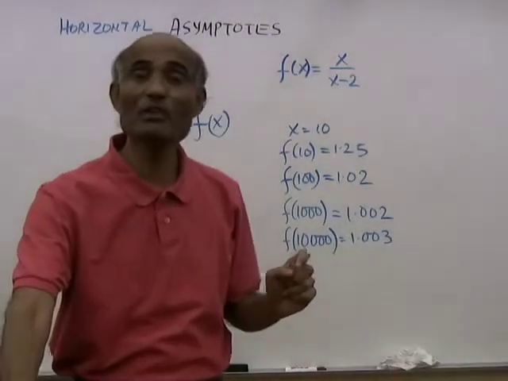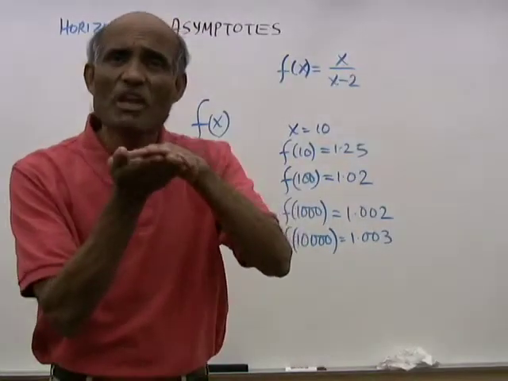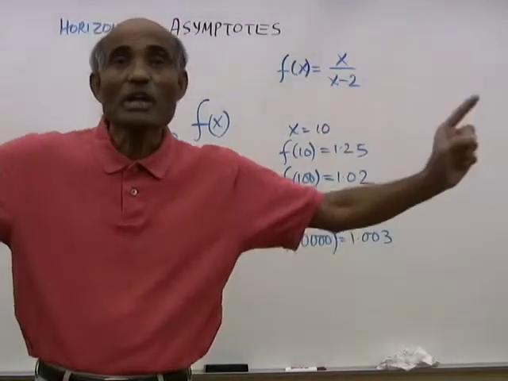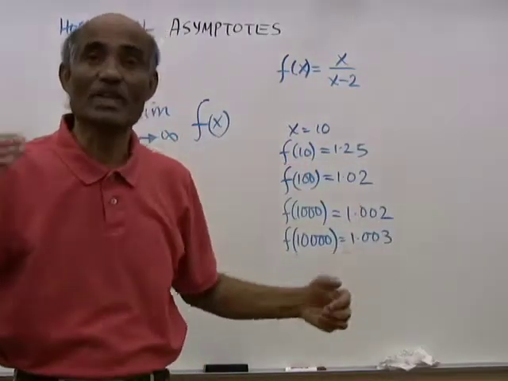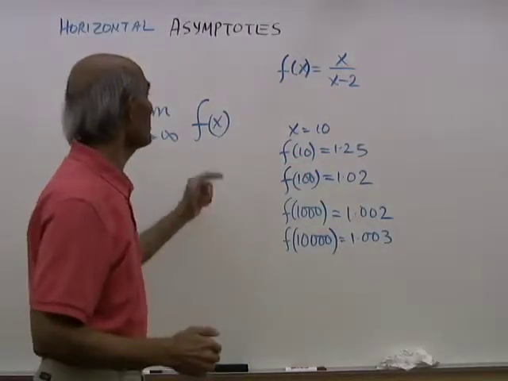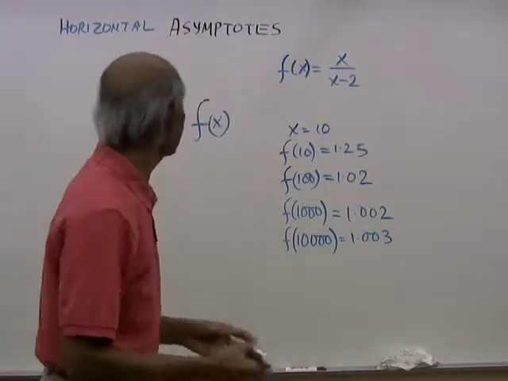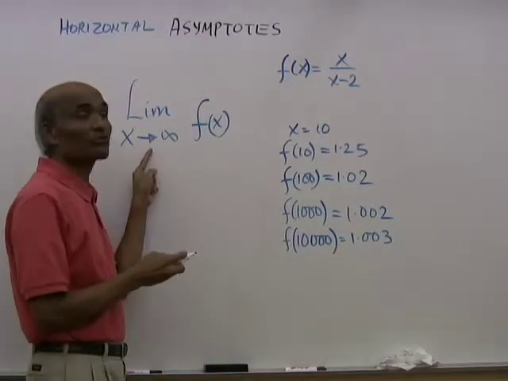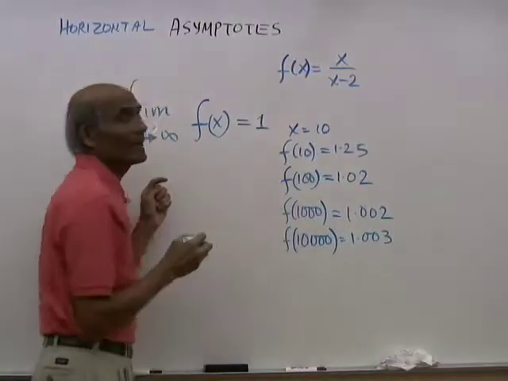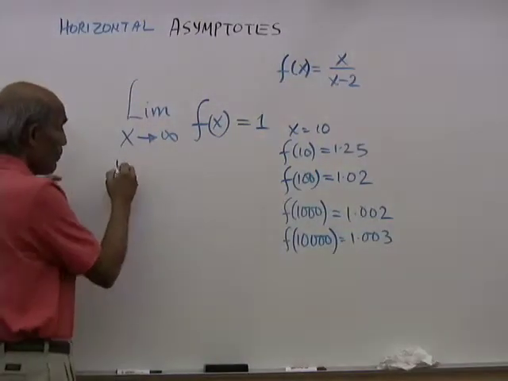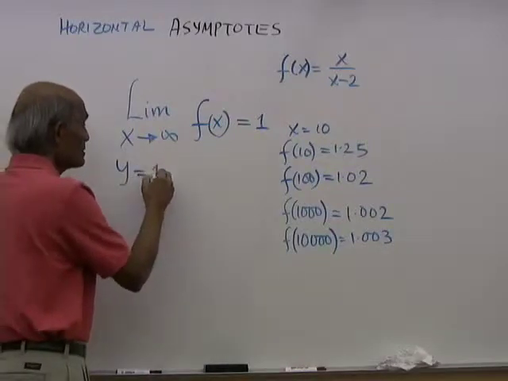The function value approaches a definite number when the input goes either positive or negative infinity. That is the definition of a horizontal asymptote. So in this case, in the limit when x goes to infinity, f of x equal to 1. And therefore, y equal to 1. Look at the difference here.